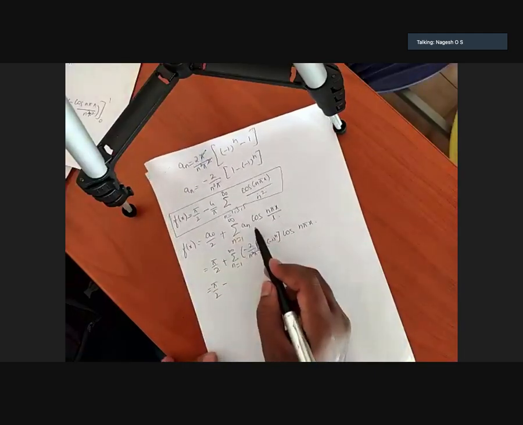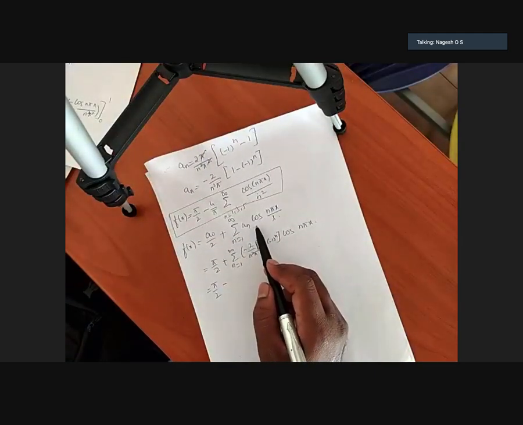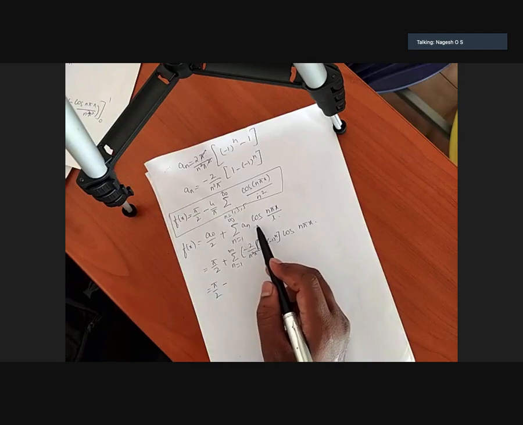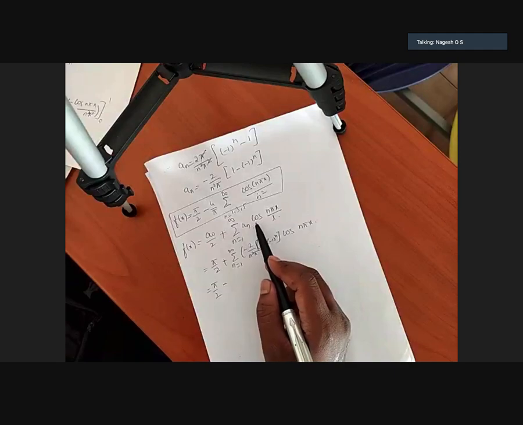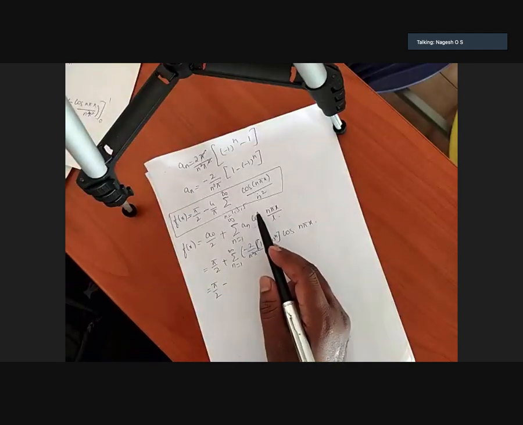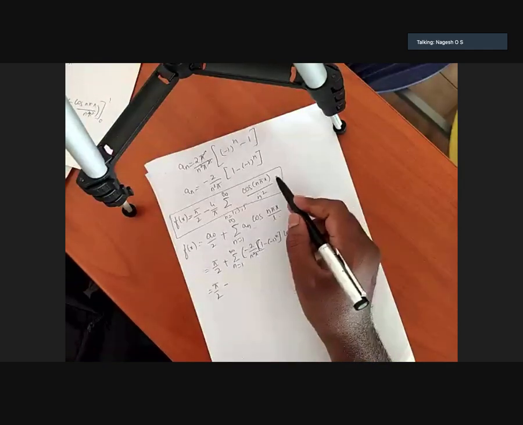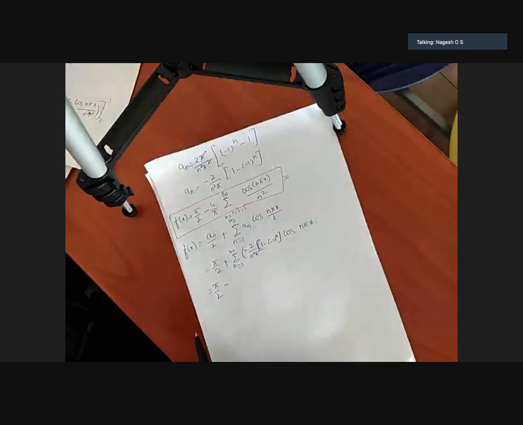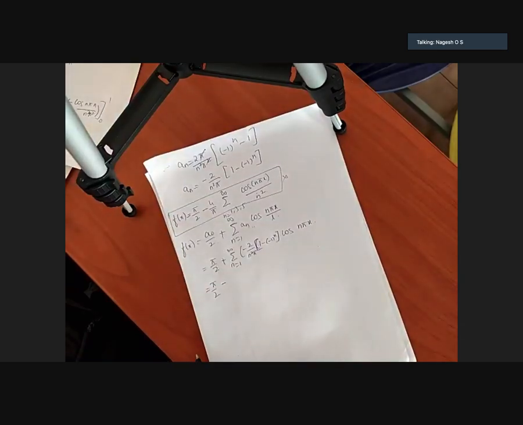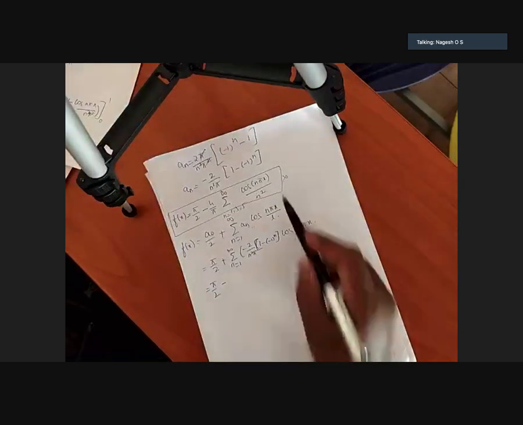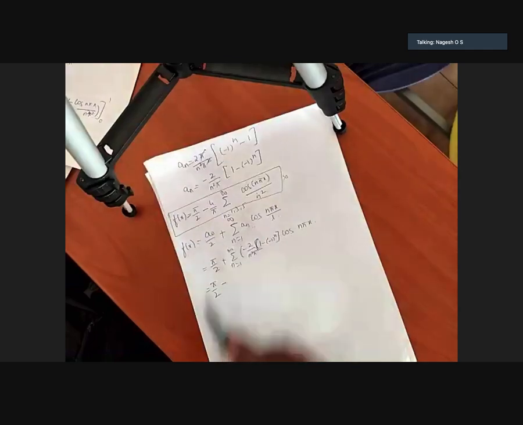How this comes, I am writing here. I thought you may understand, because same thing we did in one problem. Therefore, I wrote directly, but I will explain again. So don't copy this. Copy this one. If you have doubt how this comes, copy this one.